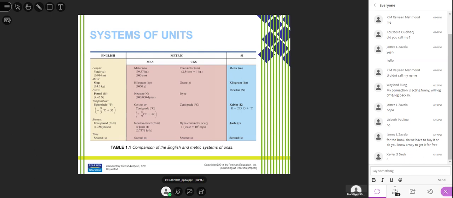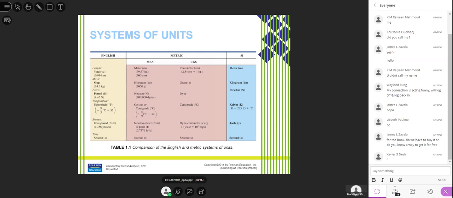If we have mass, in the English system, we use slug, which is 14.6 kilograms. In the metric system, either we use kilograms or we use gram. In the SI system, which is the standard system of units, we use kilograms.